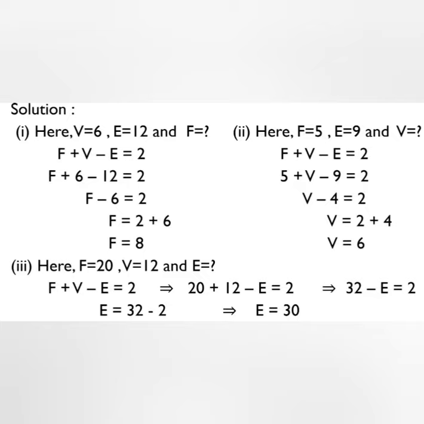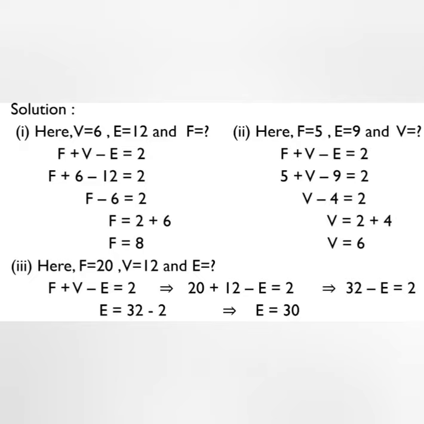Next, question number 3 of 7. Here faces are given 20, vertices are given 12, and edges we have to find. Again F plus V minus E equal to 2. We put the value of number of faces and vertices and find the number of edges. So 20 plus 12 minus E equal to 2.